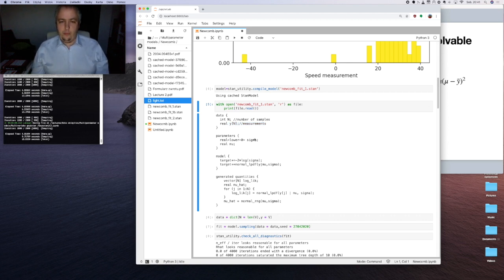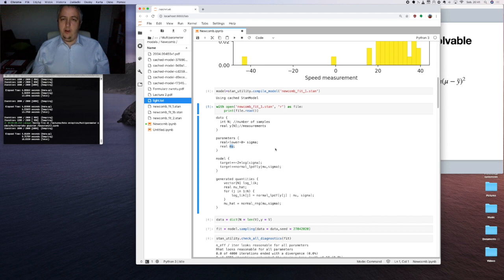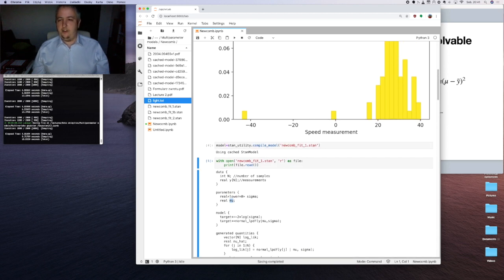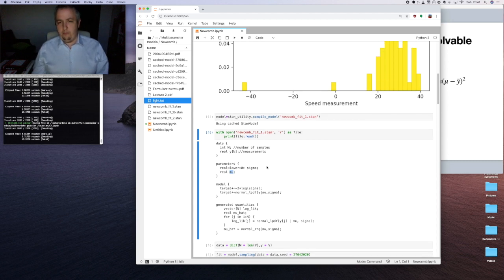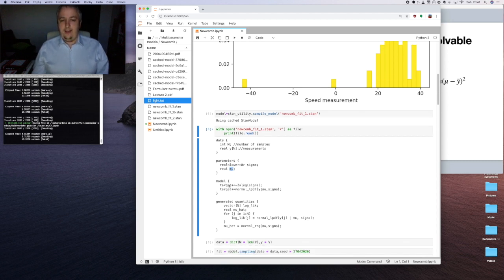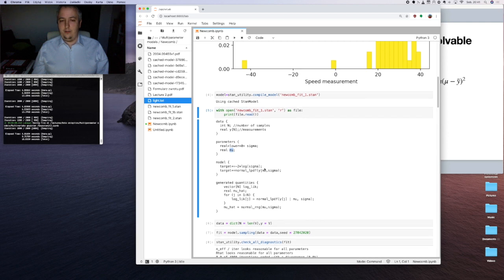Our model has two parameters, sigma and mu. We will be estimating both the standard deviation of our model and its expectation. Mu can be a real number, sigma has to be positive, and we created our model.